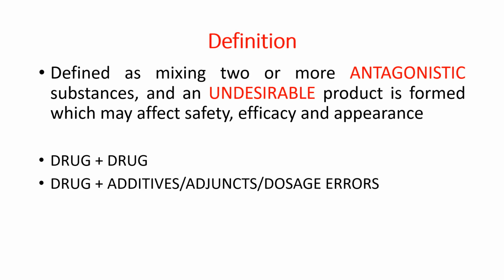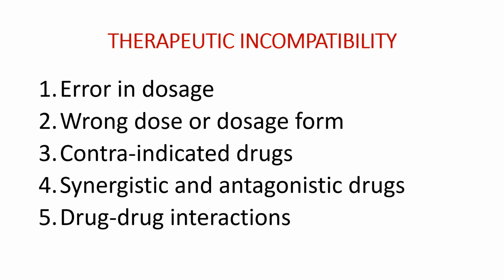Okay, so this is the definition of incompatibility. What are therapeutic incompatibilities? Therapeutic incompatibilities are the incompatibilities which arise due to wrong administration of the drug or error in the dosage forms. So what are the various types of therapeutic incompatibilities?